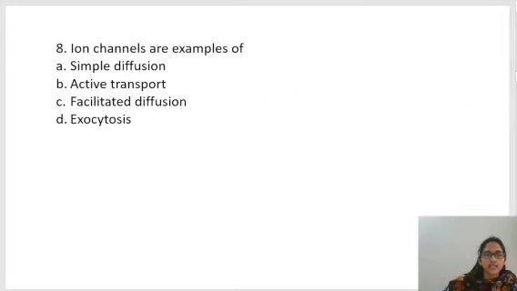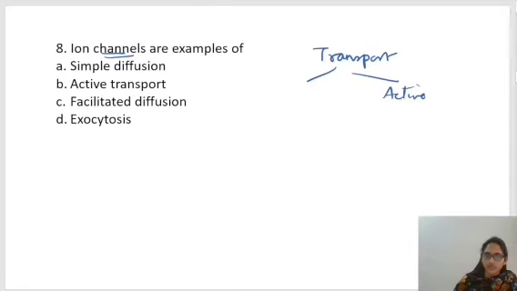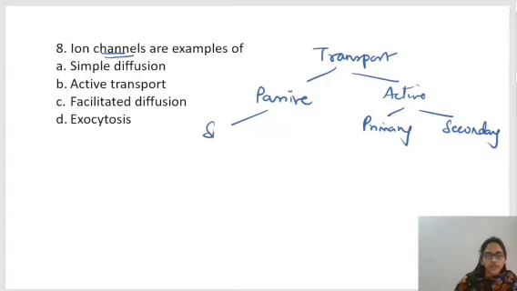Next, ion channels are examples of. Before seeing this, let's see the classification. How do you classify transport mechanisms? You classify them into active transport and passive transport. Active transport you again divide into primary active transport and secondary active transport, and passive transport you divide into simple diffusion and facilitated diffusion.